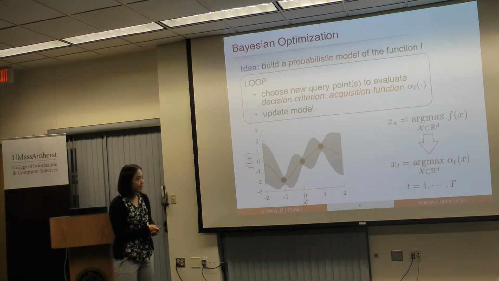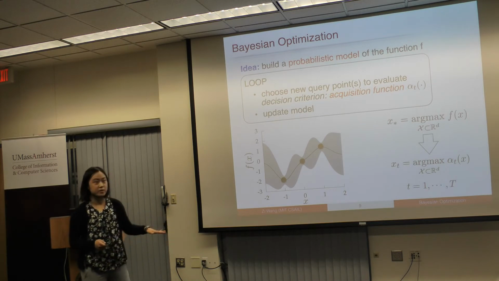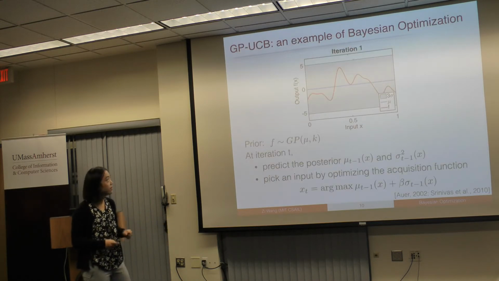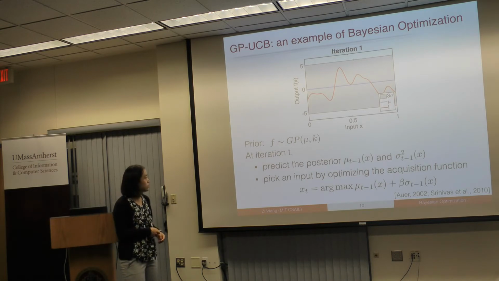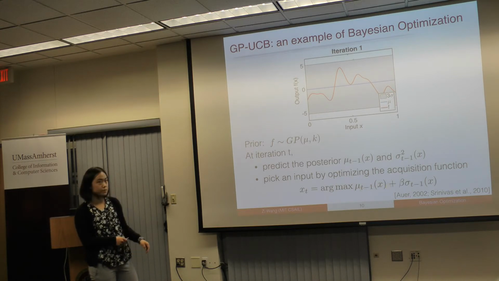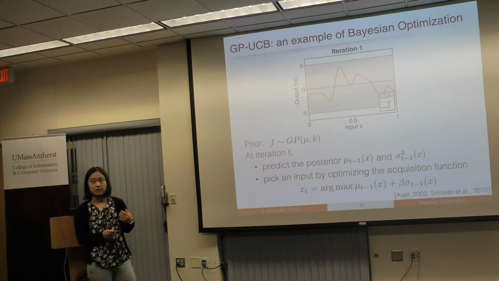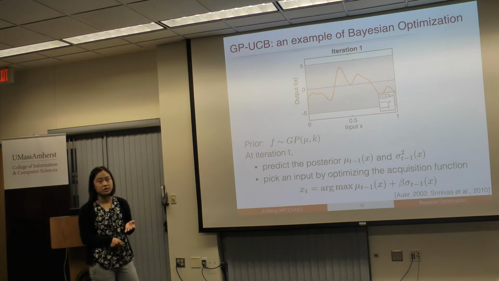Okay. All right, so earlier we had a lot of questions on what kind of acquisition functions we use. Here I'm going to give you an example. This particular acquisition function is called GP-UCB. It stands for Gaussian process upper confidence bound, and it consists of the mean function and a rescaled standard deviation, the posterior mean and the posterior standard deviation.